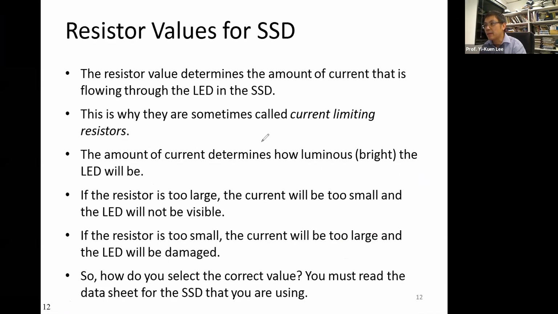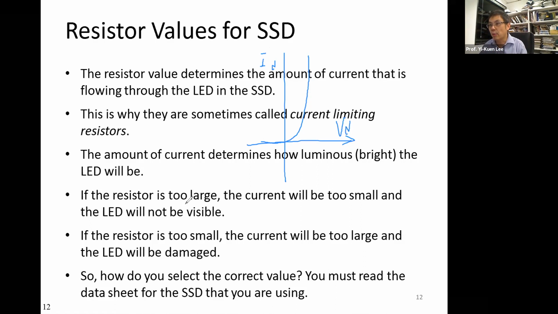Its behavior here is nonlinear, with a VD and ID, right? If you don't add an additional resistor in series with the LED, then you will burn your LED. Okay, so this is common.